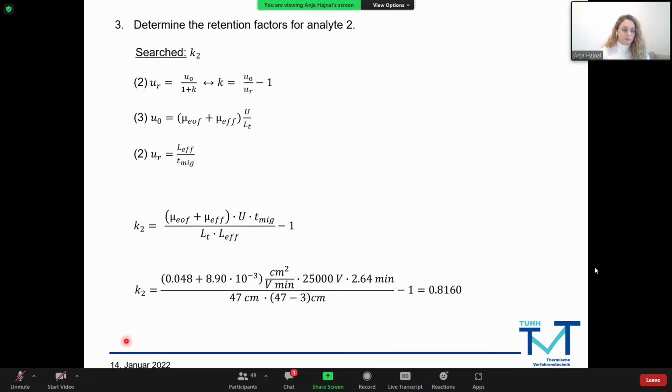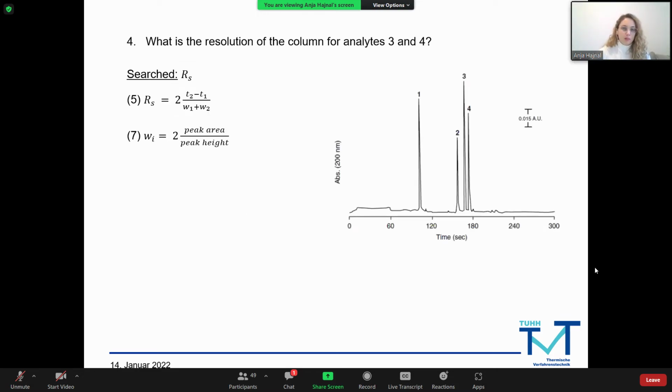All right. I assume that you already managed to calculate this by yourself or to copy the solution. Let's go to number 4. So under 4, we need to calculate the resolution of the column for analytes 3 and 4.